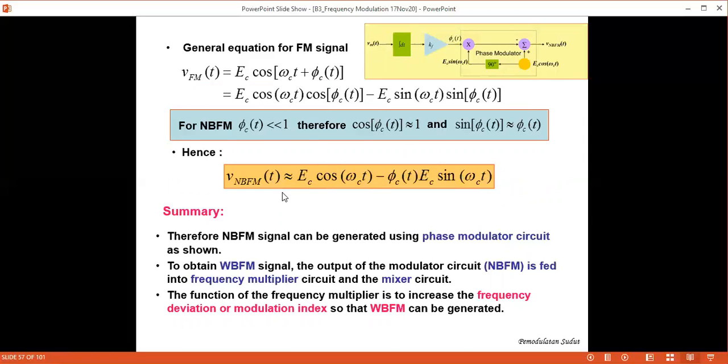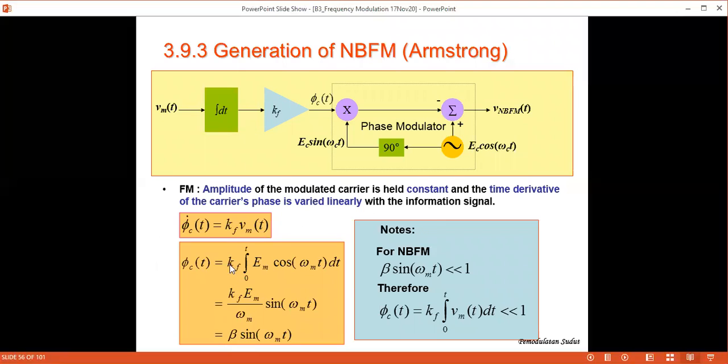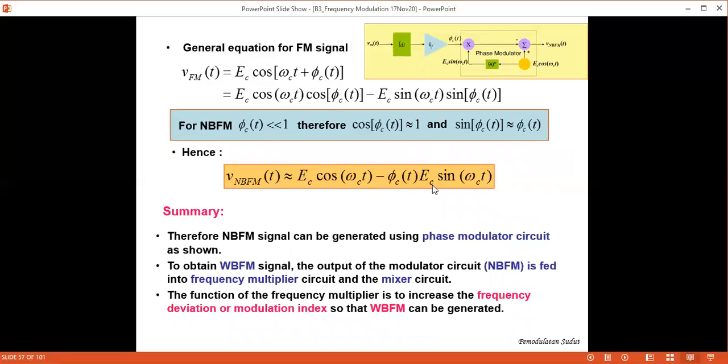So this is our narrowband FM equation after we expand using sine A sine B: EC cos omega CT minus phi-CT EC sine omega CT, where phi-CT is equal to beta sine omega MT, or KF times the integration of VMT dt.